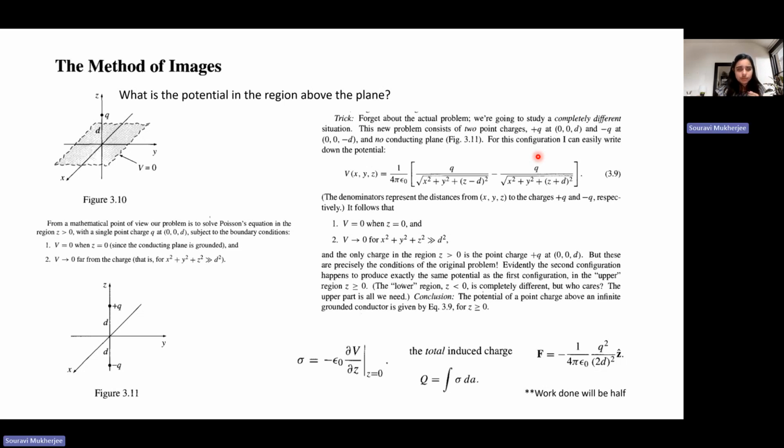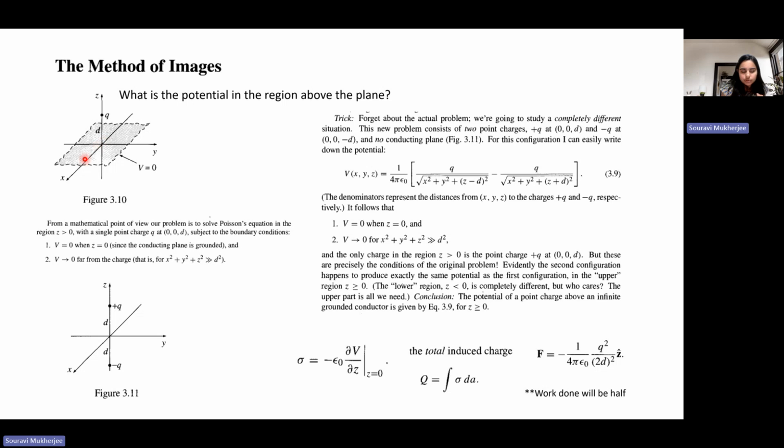Suppose the potential at a surface is known. This is what we started with, just to give you the flavor and remind you. You have a surface, and you know that the potential here is zero, and at a very far distance from this point charge the potential also goes to zero.